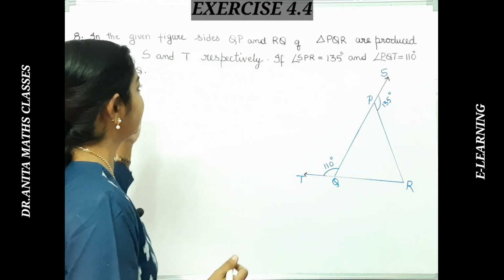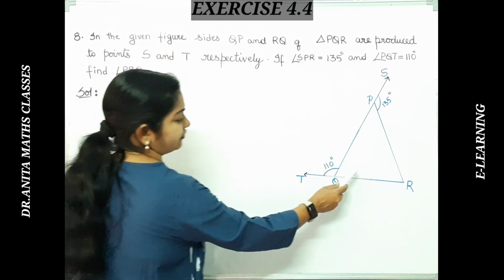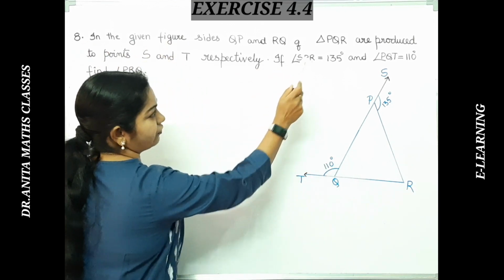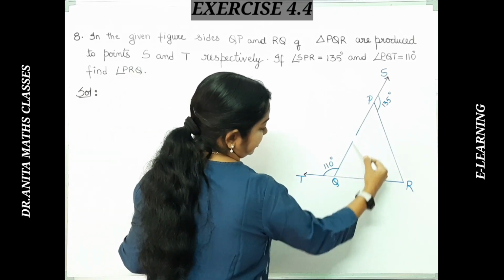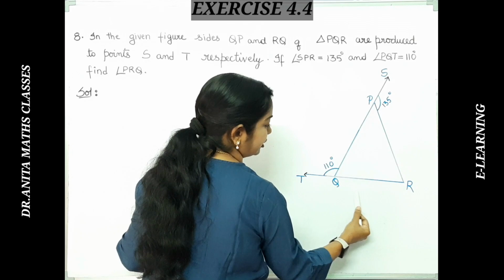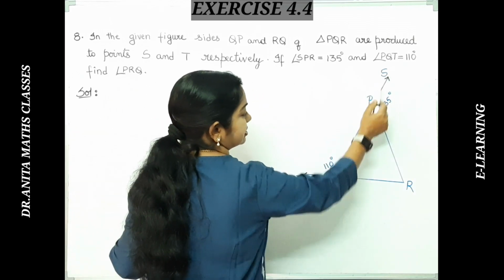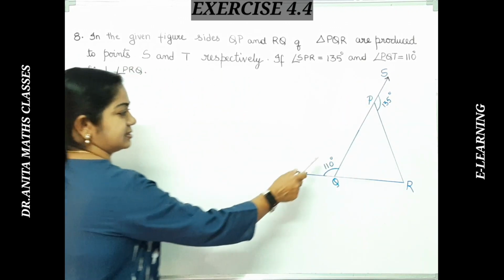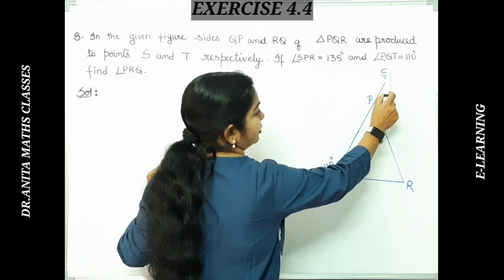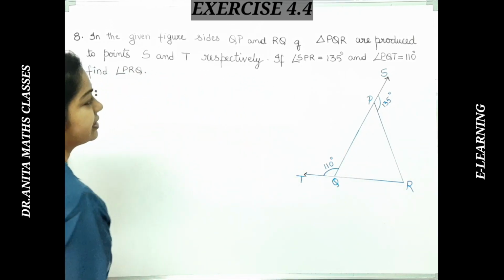Here in the continuation part, the 8th problem I had noted down. In the given figure, the sides QP and RQ of triangle PQR are produced to points S and T respectively.